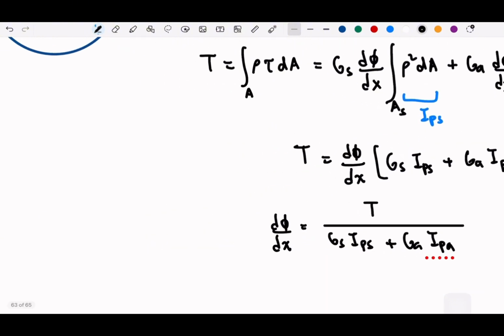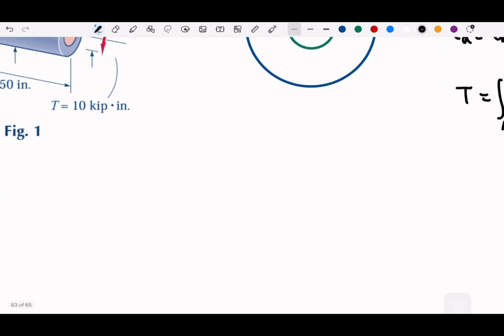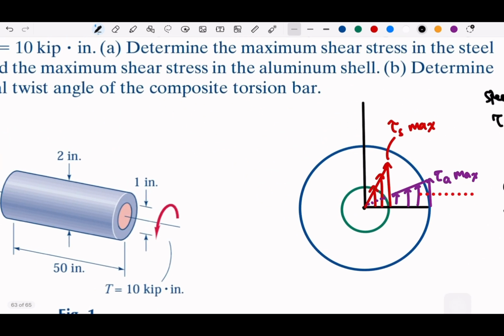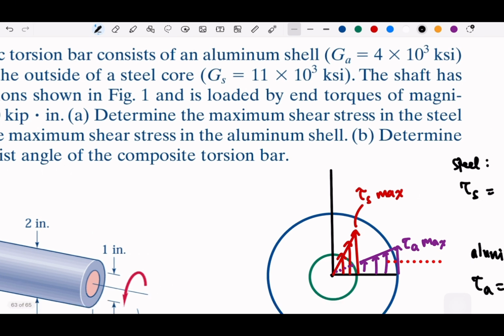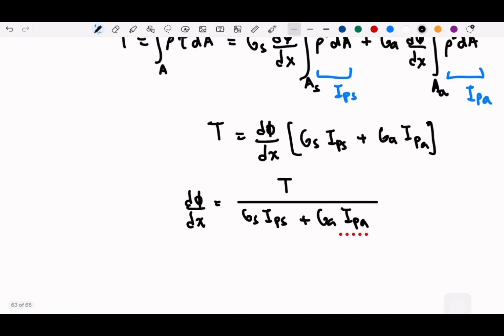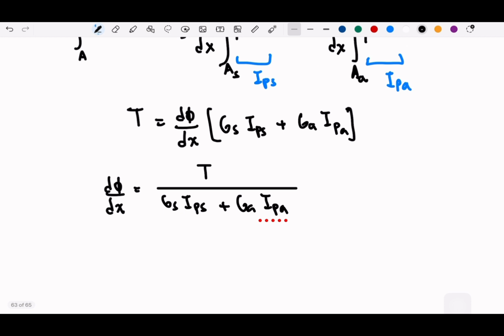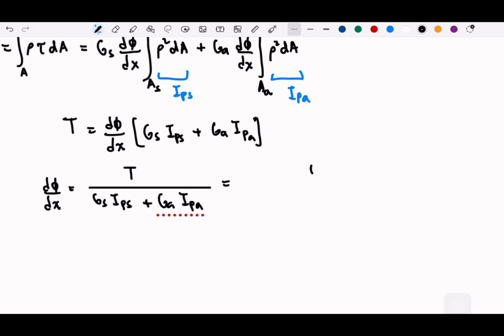Okay, so T is 10 kip inch, and G_S is 11,000 and G_A is 4,000, and I_P is based on the radius. So this will be 10 kip, kip is kilopound, so kilopound inch.